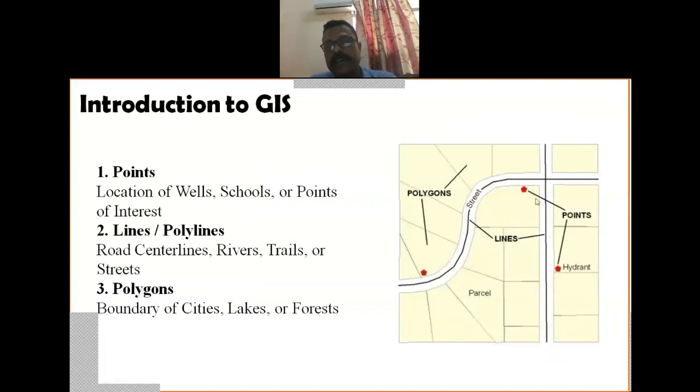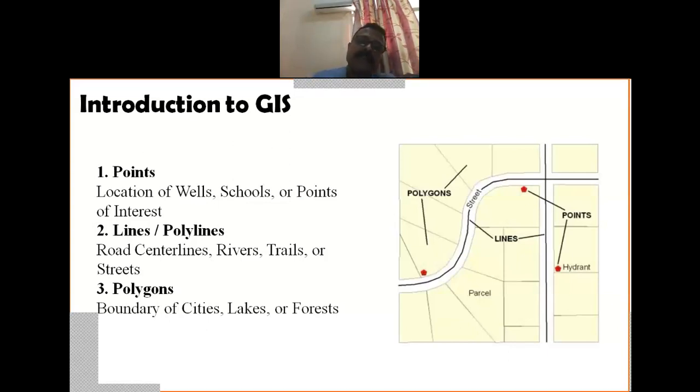Suppose these red dots that you see are hydrants. Hydrant means when you want to extinguish a fire, normally you have a hose pipe which is attached to a hydrant. This should be a typical safety feature installed across the streets, but we don't really see these things in our countries.